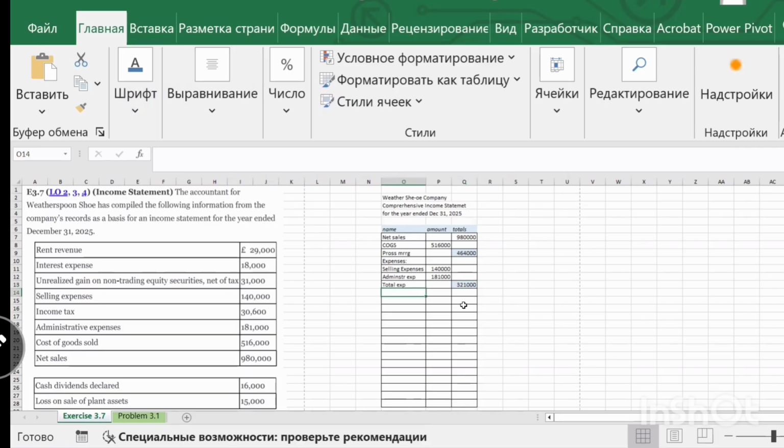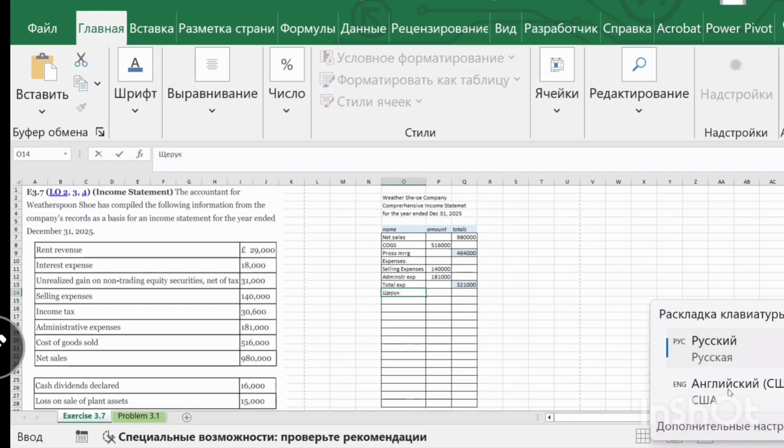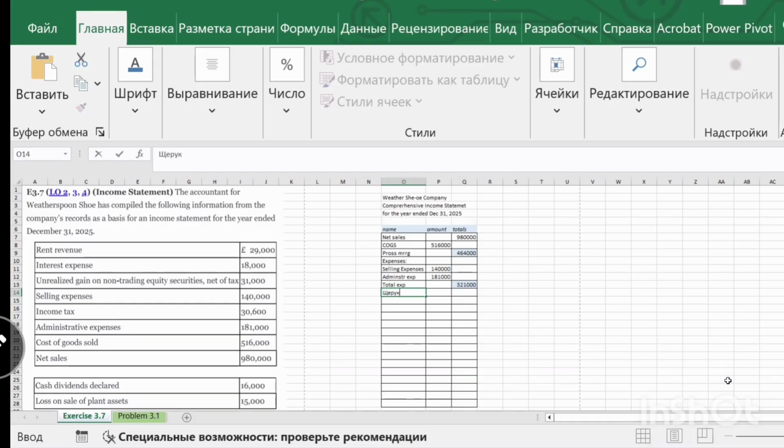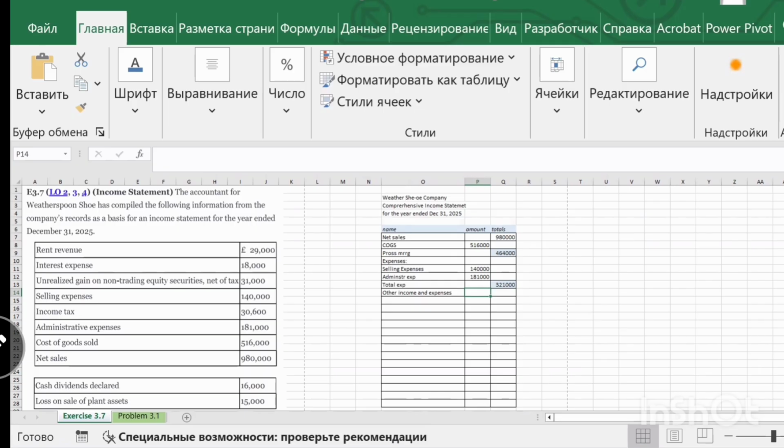After operating expenses, we have other income and expenses. So let's find out.